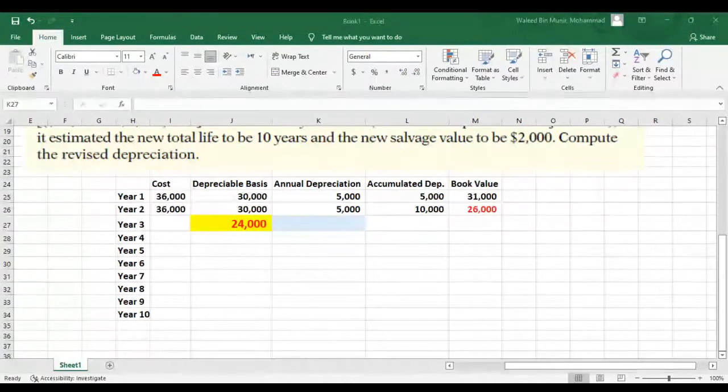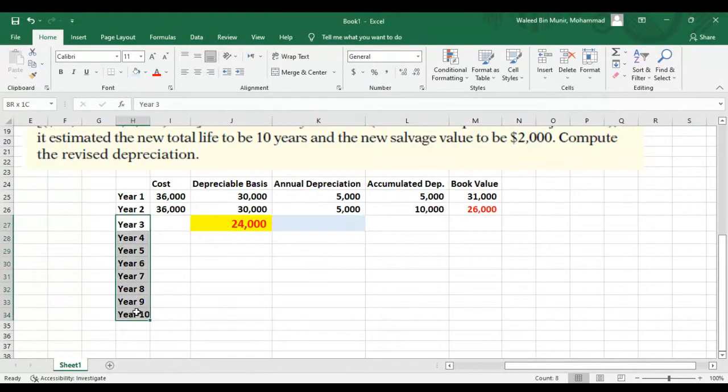Remember, 2 years are gone. From here to here, you can calculate how many years you have. 1, 2, from here you can calculate. There are 8 years.